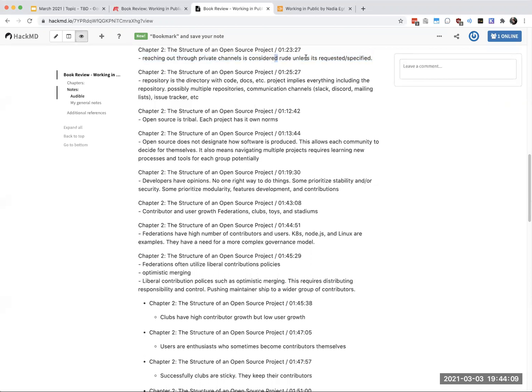And reaching through private channels is considered rude unless requested. I just noted that because in a commercial setting you may have a different style, but if we're looking at decentralized and distributed groups, that was one thing I was thinking, and that could tie in with how you help make things sustainable as it grows. If you're looking at an open source project and you have lots of private channels, or you're using channels of communication that make it difficult for the project.